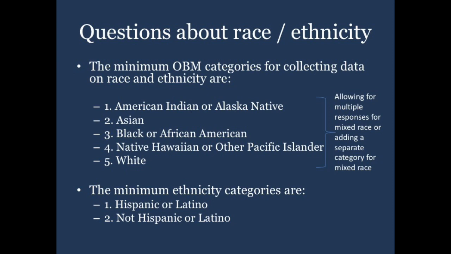And then you should have a race question that includes American Indian or Alaskan Native, Asian, Black or African American, Native Hawaiian or other Pacific Islander, white. And in some cases, add another category that includes mixed race, because this construct is complex.